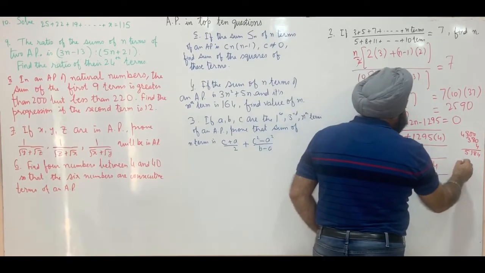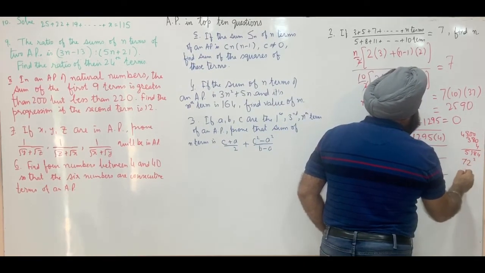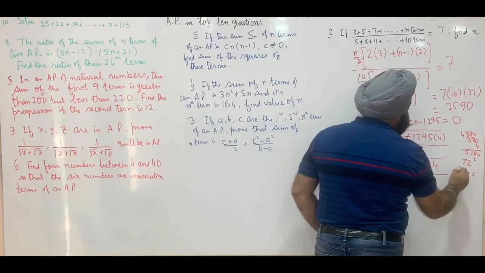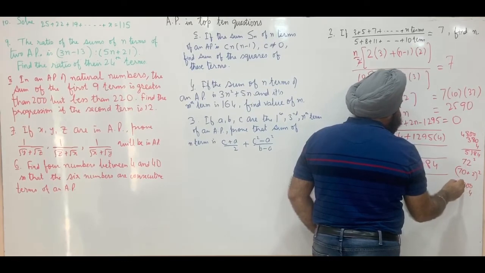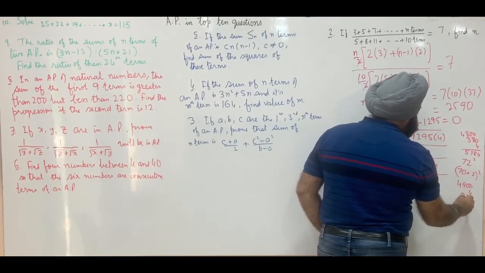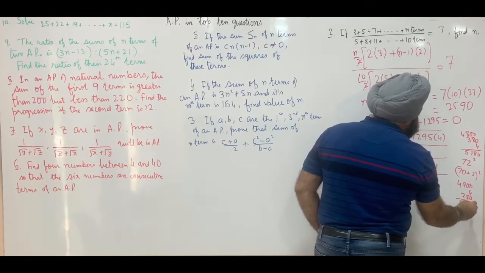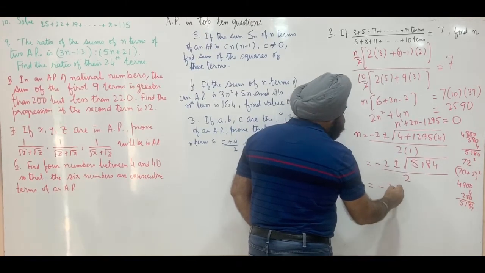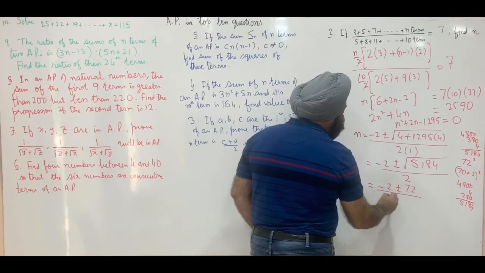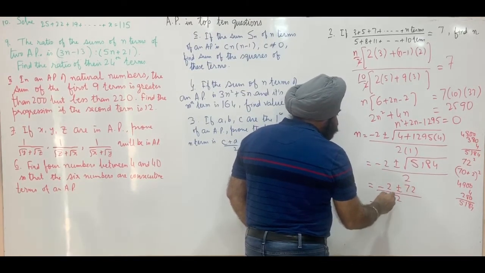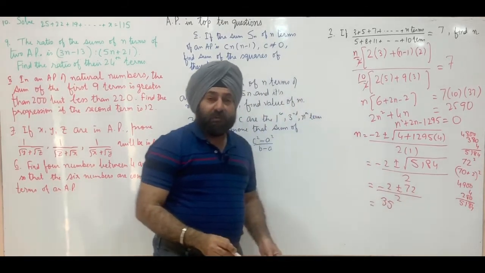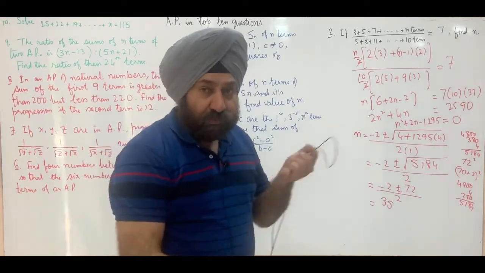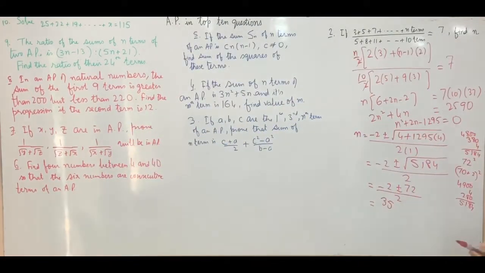This is 72 square. We can check, 70 plus 2 whole square will be 4900 plus 4 plus 280, so 5184. This is minus 2 plus minus 72 upon 2, this is 70 upon 2, this is 35. We neglect the negative value, so this is our answer. n is therefore equal to 35.